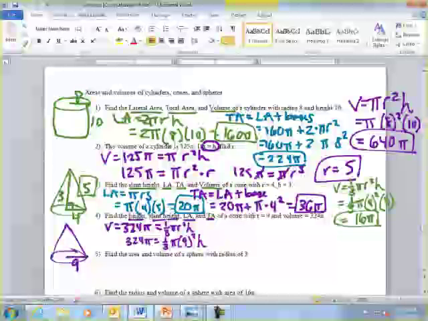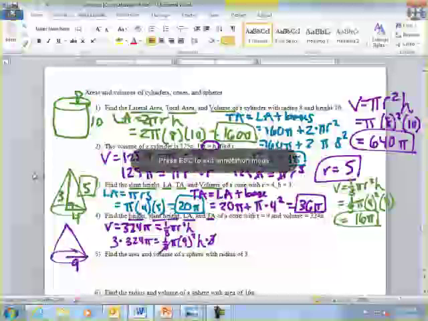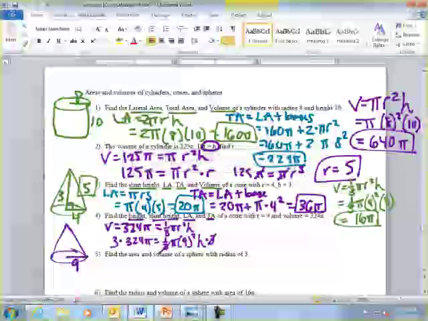So how would I solve this equation to find h? I can multiply by 3 on both sides. That will cancel out that 1/3 and get rid of there being a fraction here. So 324 times 3 is 972.